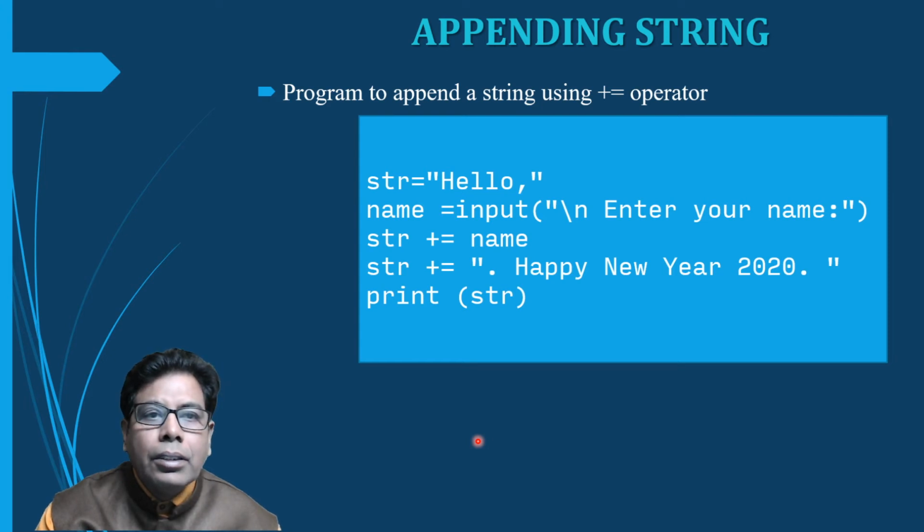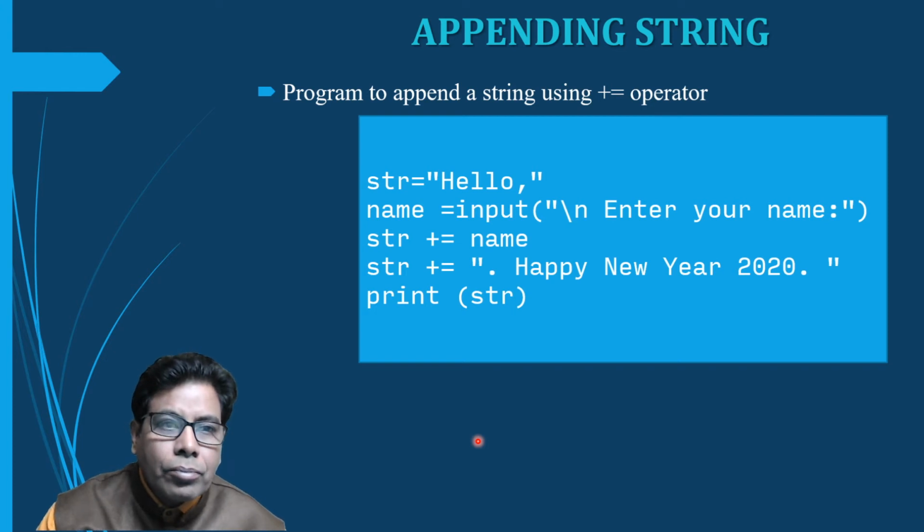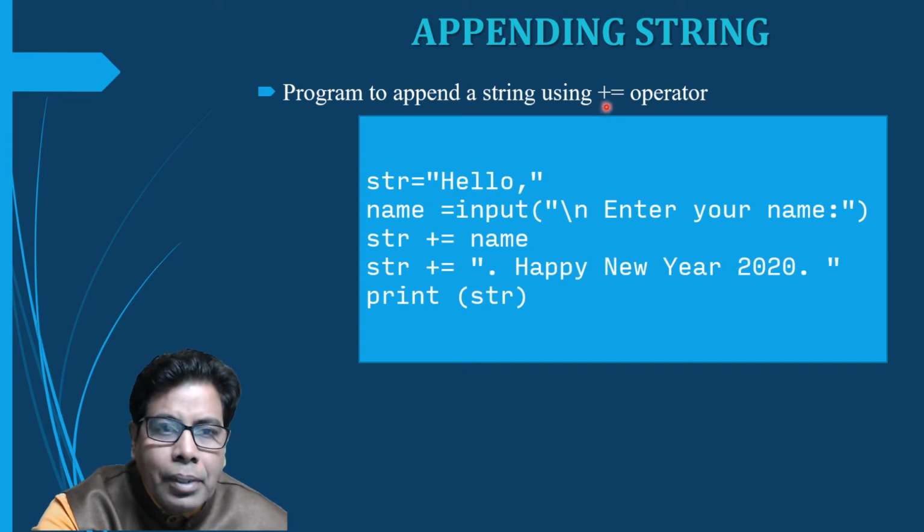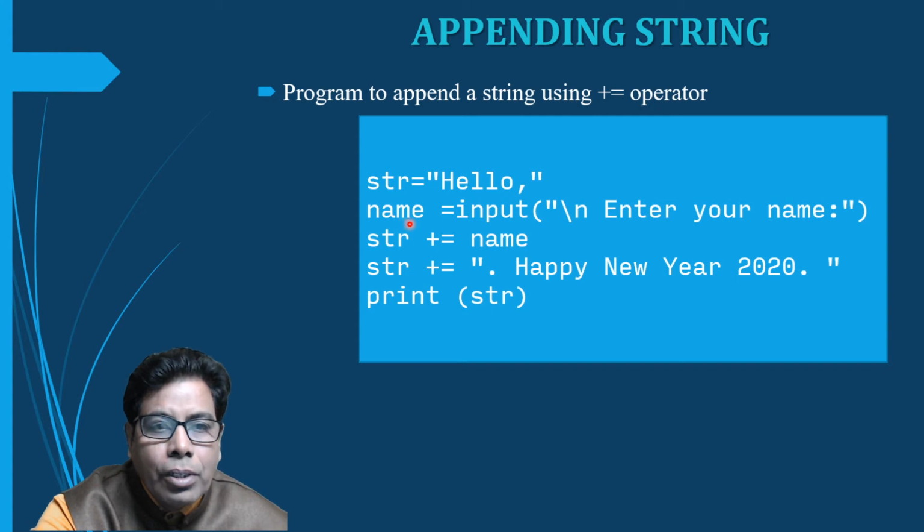Here the appending string, this operation we are taking with the help of example. We will be using the plus equal to operator. So here first we define the string str, string is hello, and then we take another variable name, that is for inputting the name from the keyboard. So we give the enter your name, and then str plus equal to name.